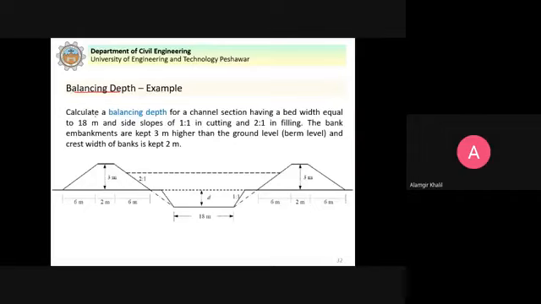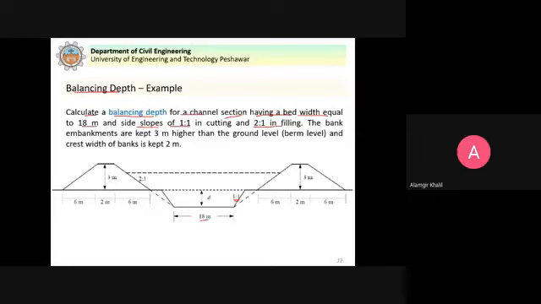So let us see how we calculate this balancing depth. In this example, calculate the balancing depth for a channel section having a bed width equal to 18 meter. This is the bed width of the channel, 18 meter, and side slope of 1 to 1 in cutting and 2 to 1 in filling.